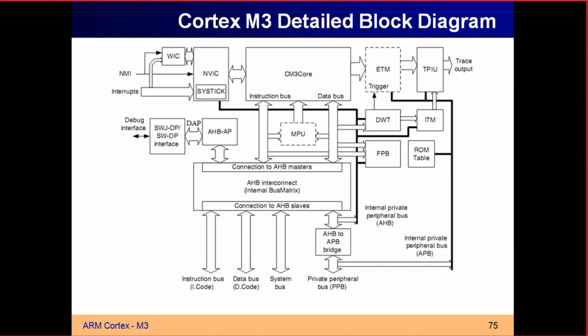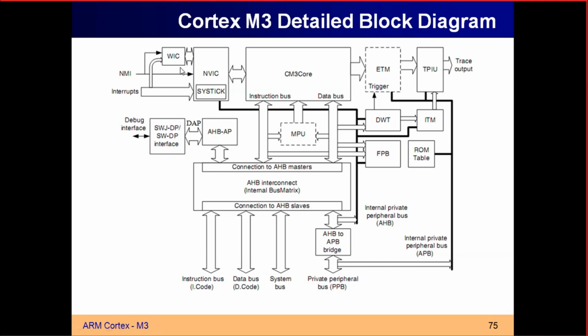So if we are configuring the wake up interrupt controller, whenever an interrupt is generated, the WIC will tell NVIC to wake the Cortex M3 core so that it can execute the ISR. Right. From the name itself you will get some idea.